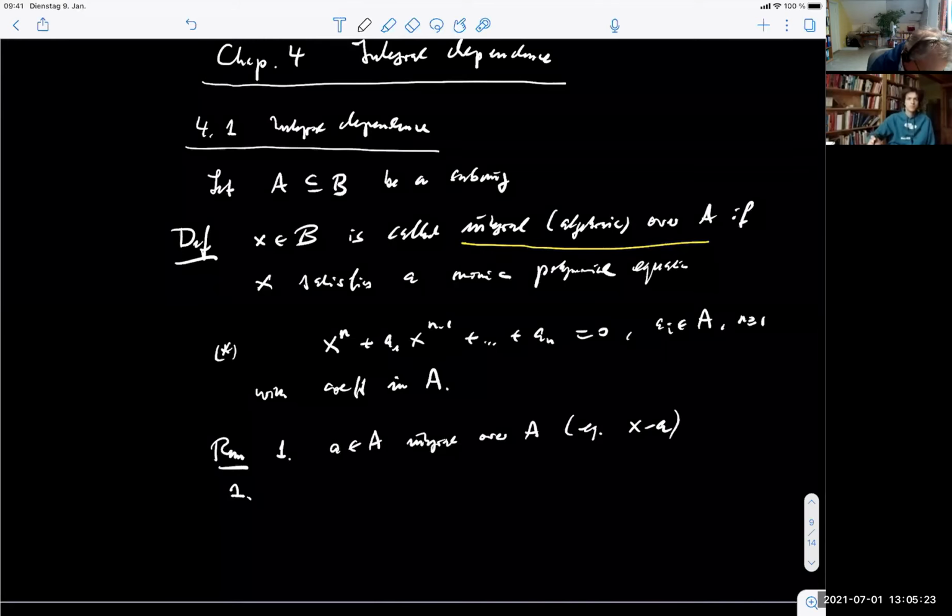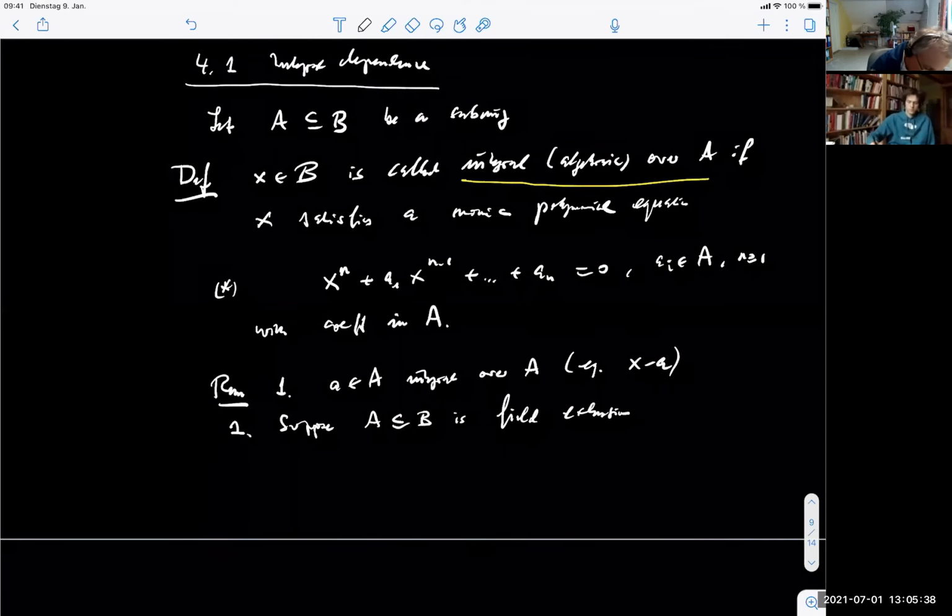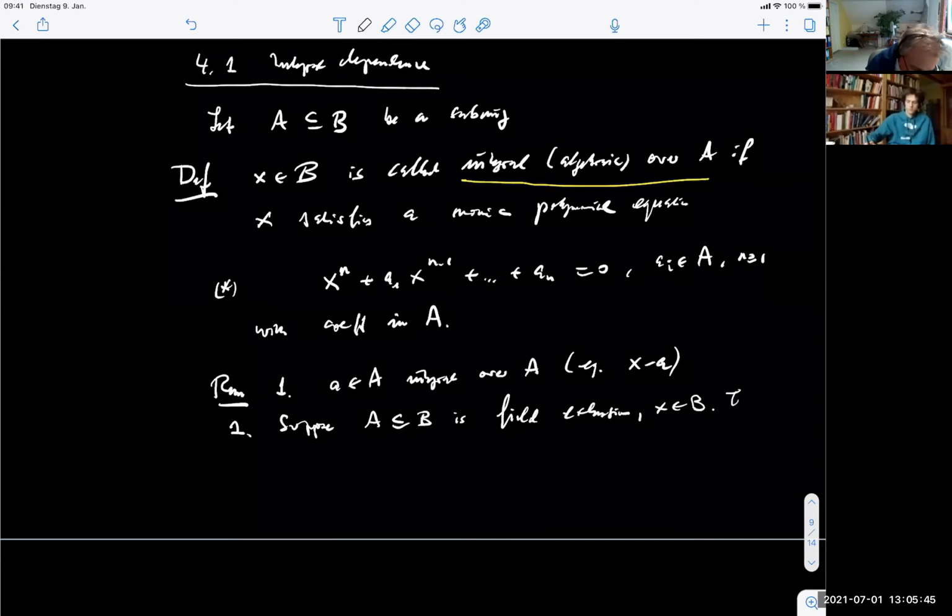Now let's make very clear the connection to field extensions. Suppose A in B is a field extension, and x is in B. Then algebraic and integral are just the same.